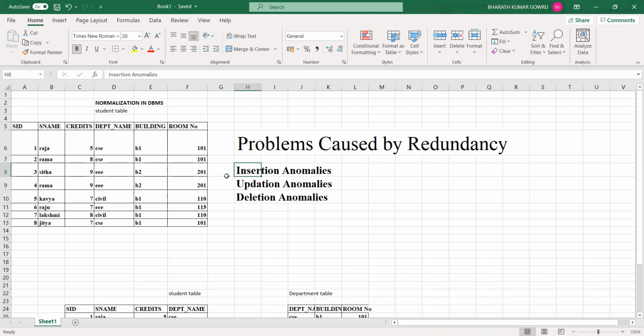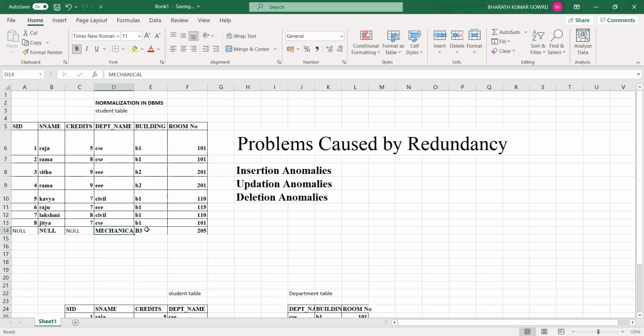Suppose we consider another piece of information. Up to now, CSC, CE, EEE, and civil information is available, but the mechanical information is not available. So my aim is to add that information: mechanical building is 3, room 205, like that. But no students are present here, so it is replaced by null values.